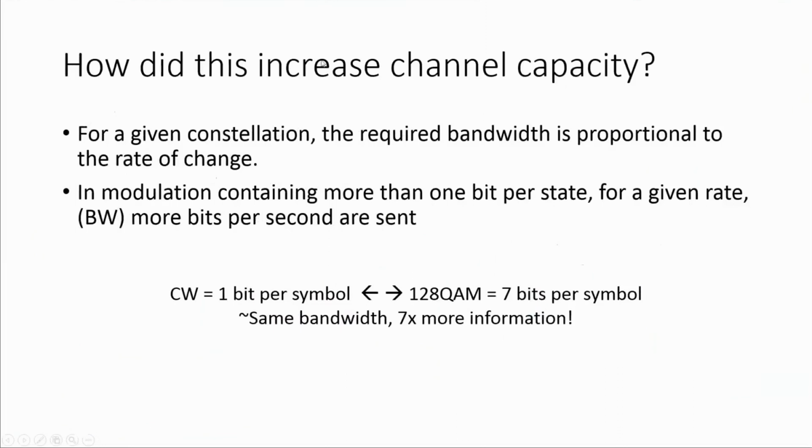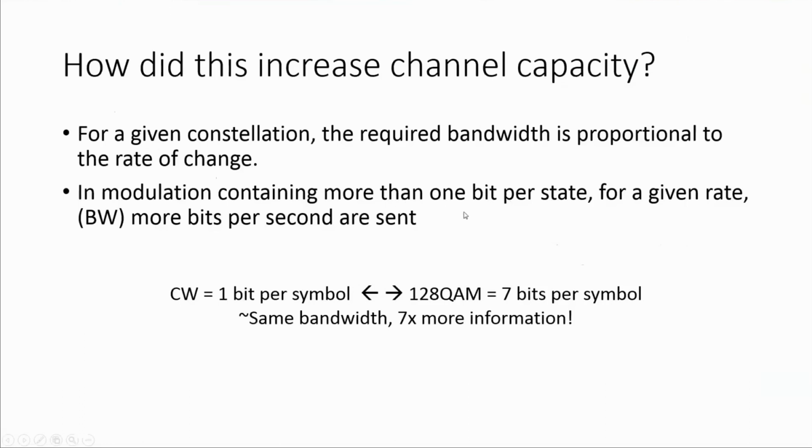So how do we increase channel capacity? We did already talk about this, but as a review, we've created this modulation domain where we have degrees of freedom, I or Q, or multiple frequencies. The bandwidth is still proportional to the rate of change, so that the Nyquist criterion is satisfied. However, with more degrees of freedom, we have states that correspond to more than 1 bit.